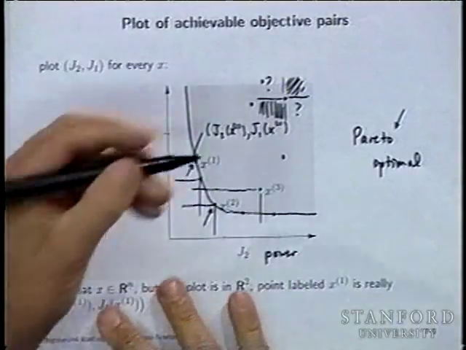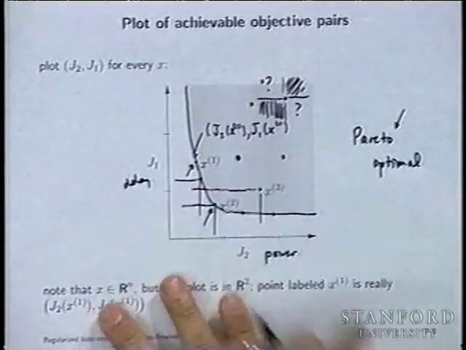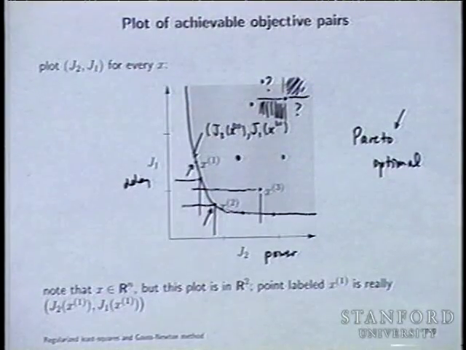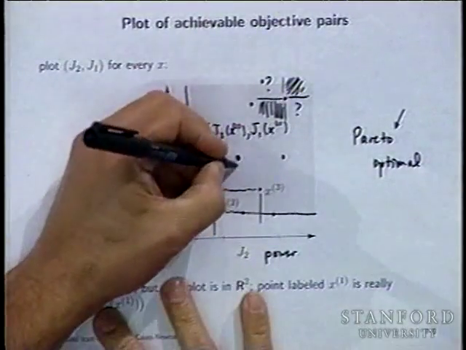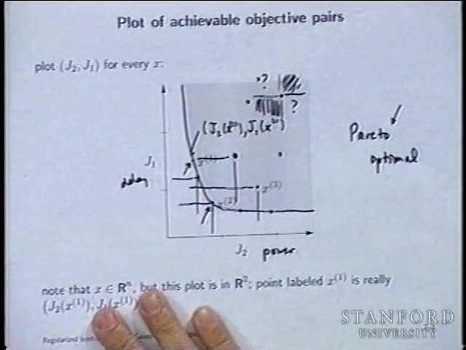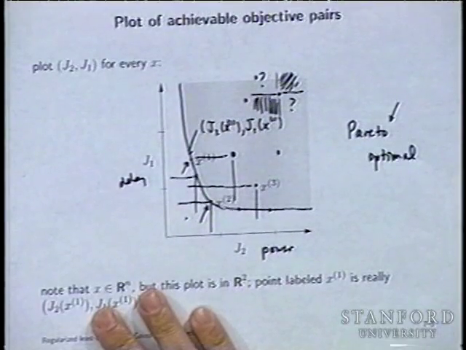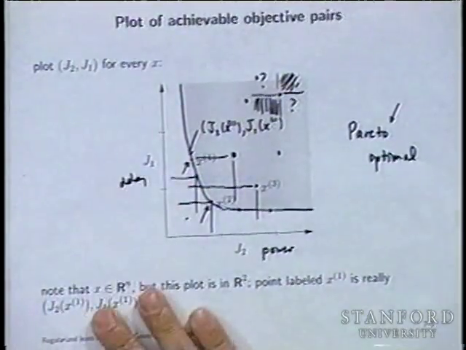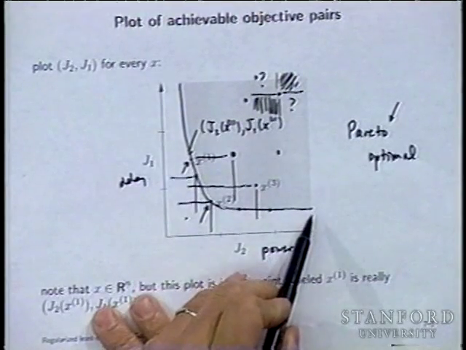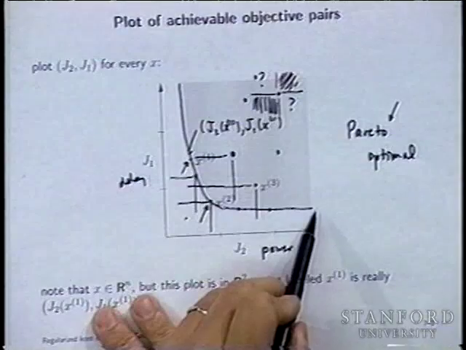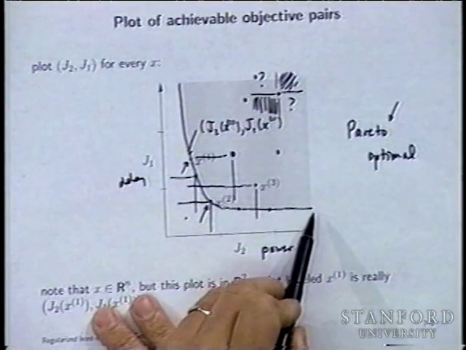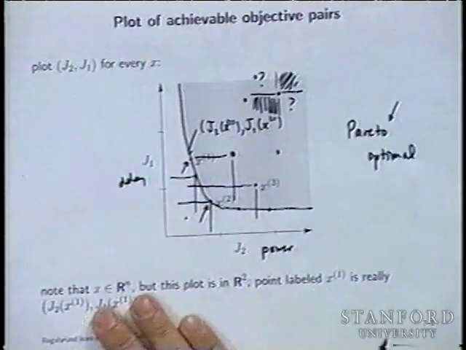You can say the following. You can say that that point is a stupid choice. That's for sure. Why? Because all of these are better. You can say that's an attractive choice, but can't be done. So if someone wants to minimize these two objectives, the only non-stupid and feasible choices are going to be the points on this boundary.